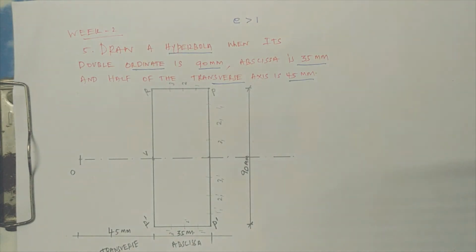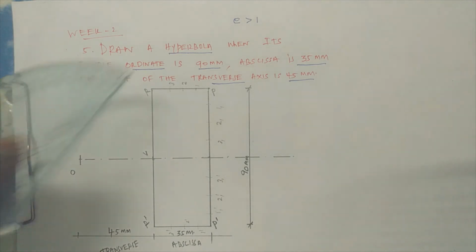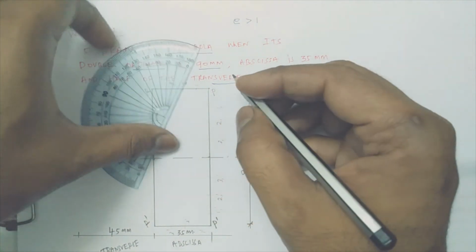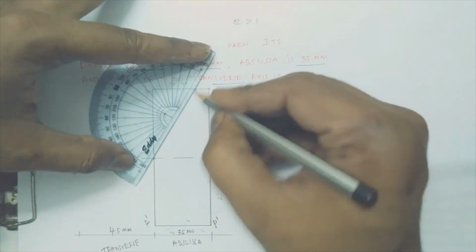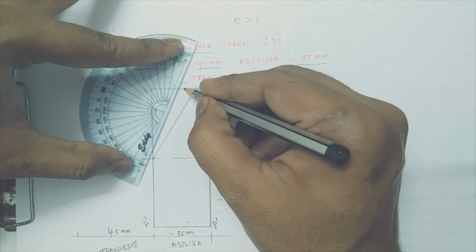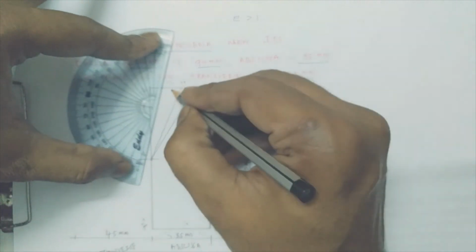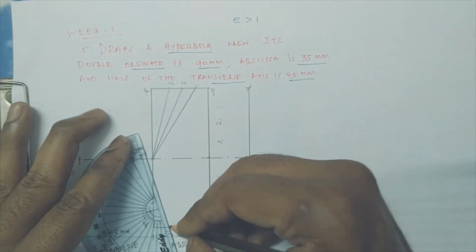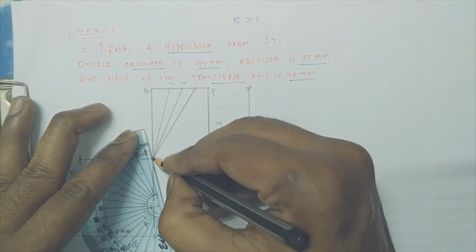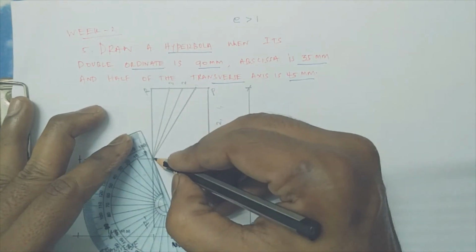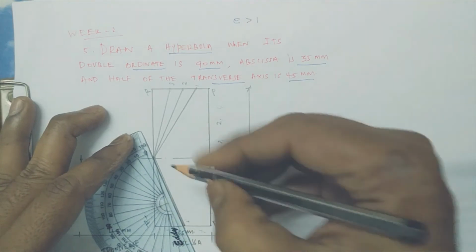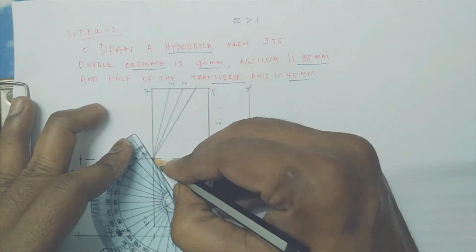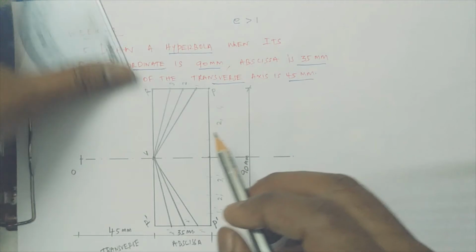Now we can connect from the vertex to the corners, 1, 2, 3 in this direction and 1, 2, 3 in the other.